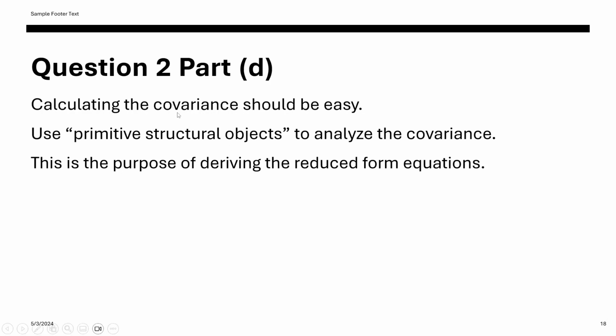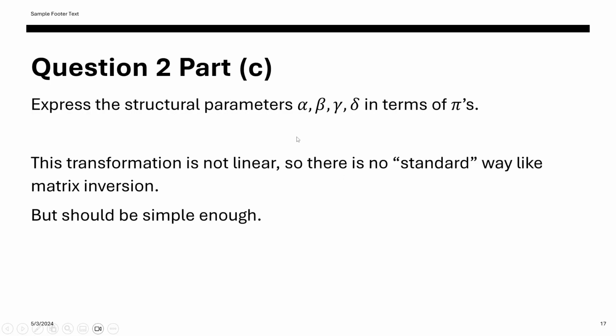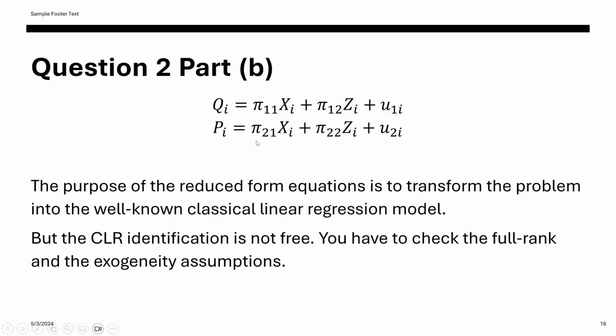So in this case, the reduced form equations are still useful because when you calculate, for example, the covariance between P and epsilon, then you are going to replace P with this, the expression of P using exogenous variables.